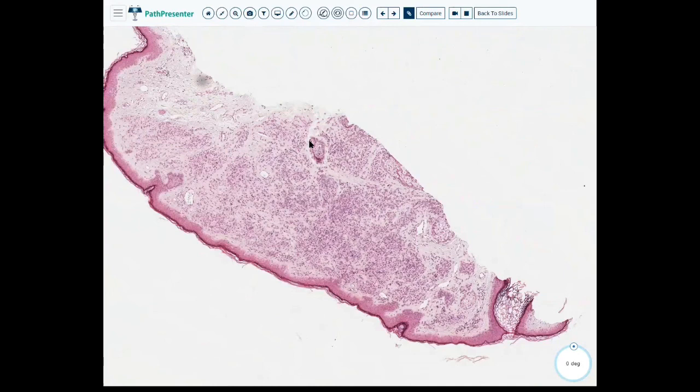Sometimes patients hear that they have something and they want it gone, and there's nothing wrong with removing it at that point. But this does not look atypical or irritated, so not necessarily something that they would have to go back and take more.